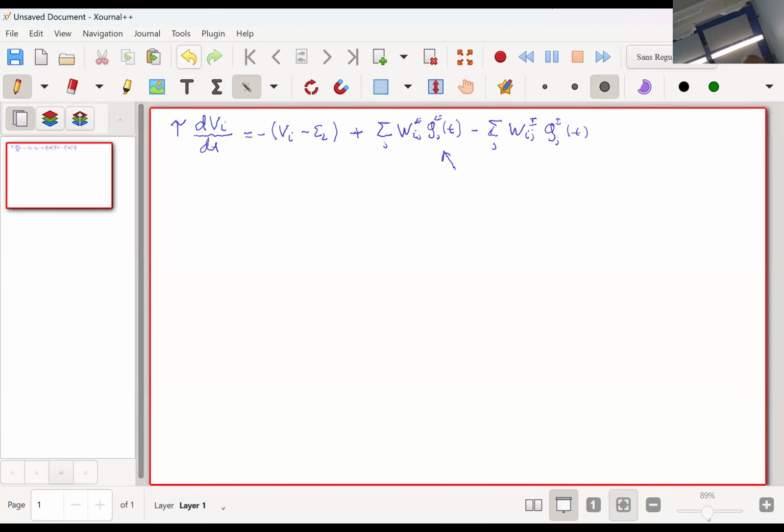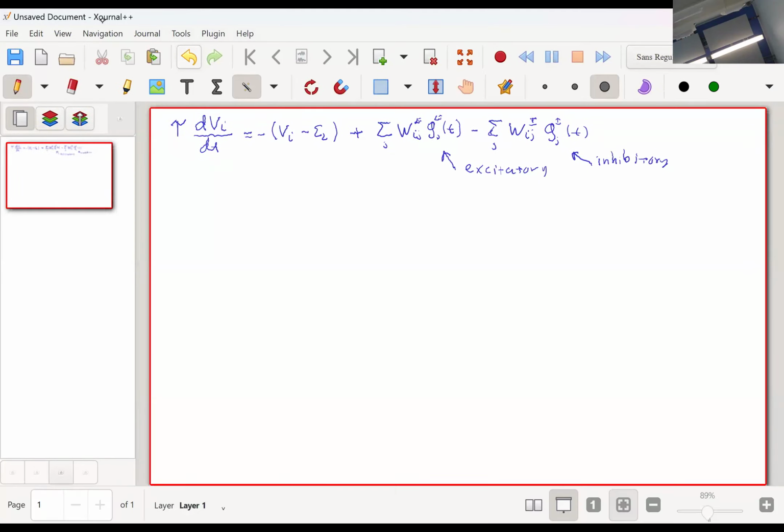So these are excitatory neurons, and these are inhibitory. Neurons come in two flavors. They either excite their postsynaptic neurons or inhibit them.